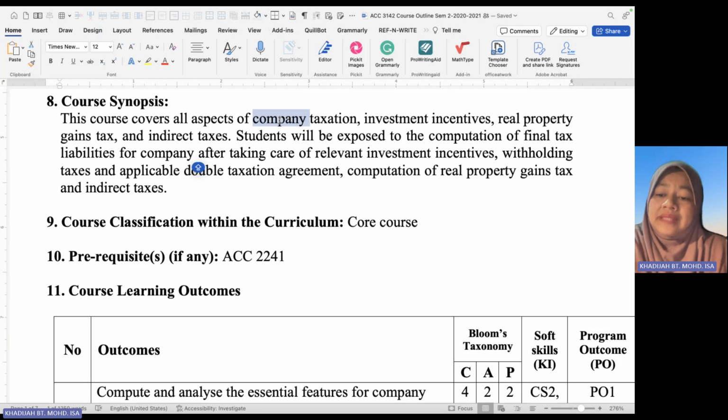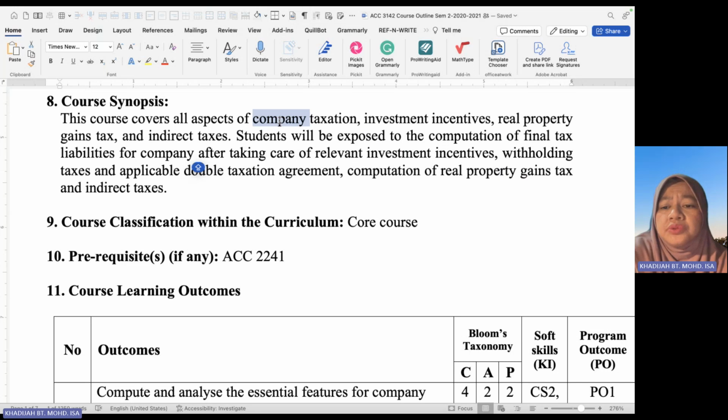There are tax implications with regard to real property, especially when there is a disposal, because whenever there is a disposal of real property, there is an exposure to RPGT. So you have to look into how you are going to compute the tax chargeability for RPGT.